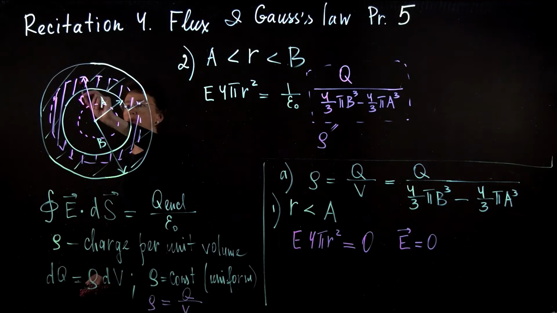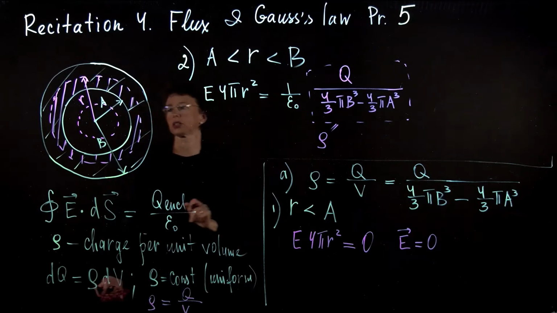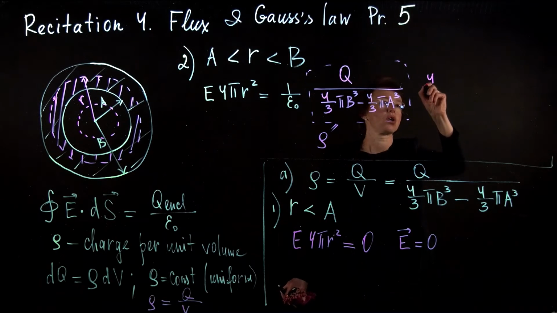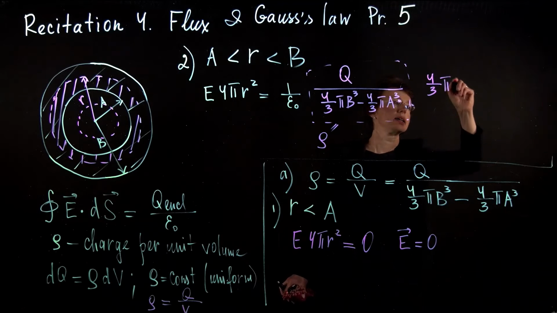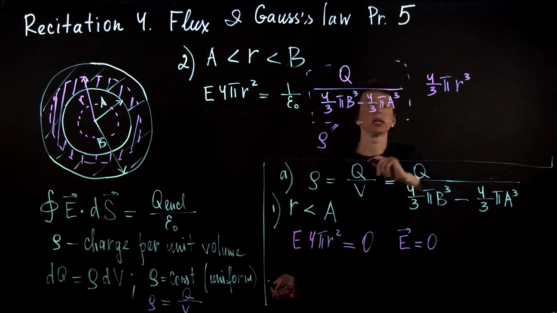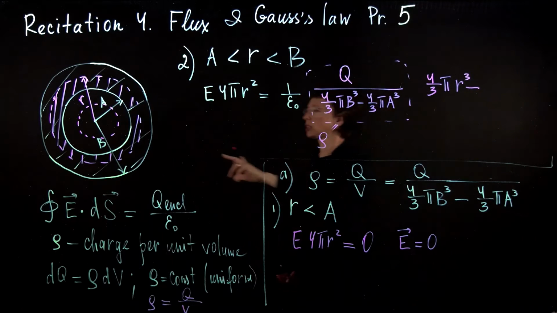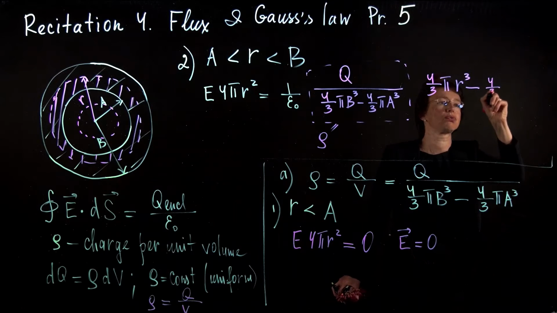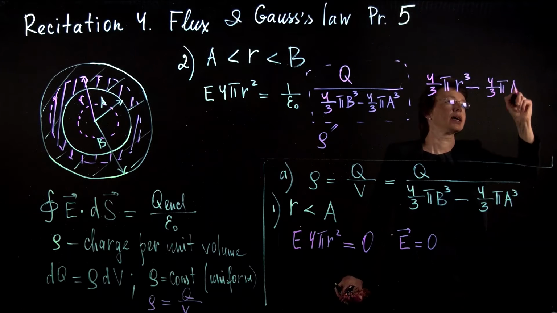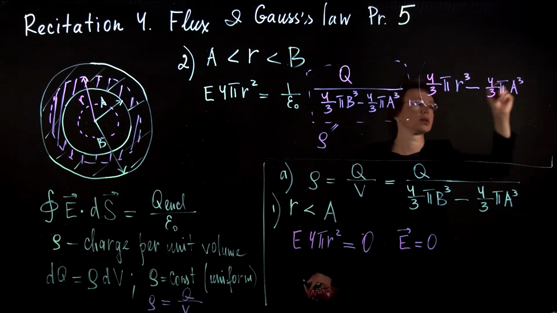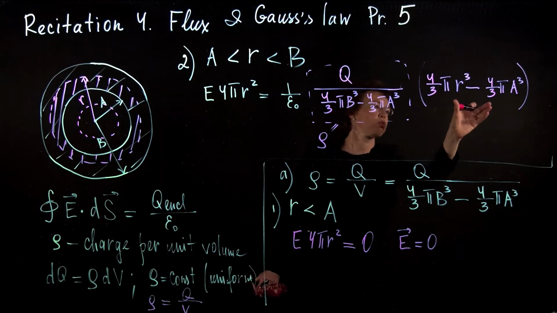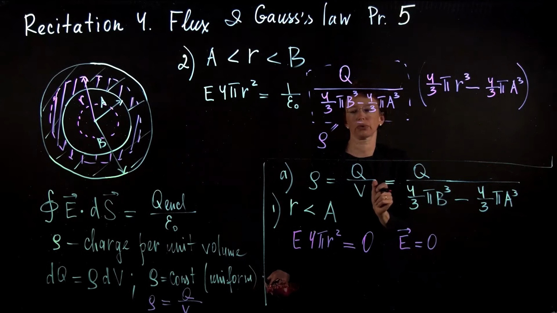So what is the volume enclosed by this Gaussian surface of arbitrary radius r? The volume is 4/3 pi r cubed, and I need to subtract this hole because it is a spherical shell, minus 4/3 pi A cubed. Rho times the volume enclosed by the Gaussian surface.